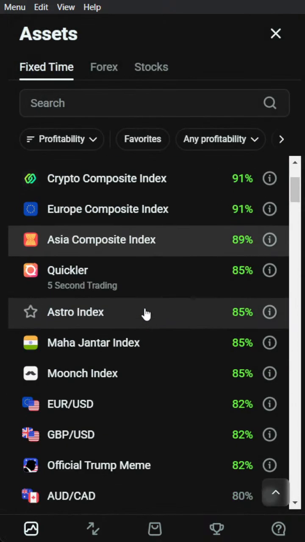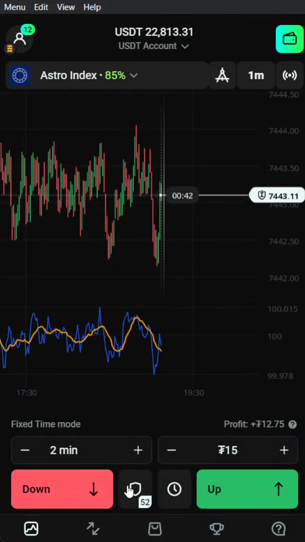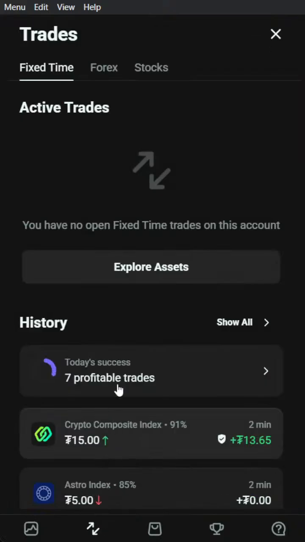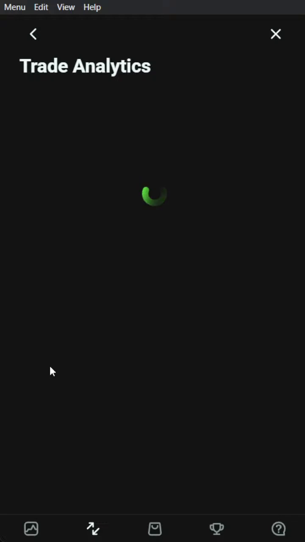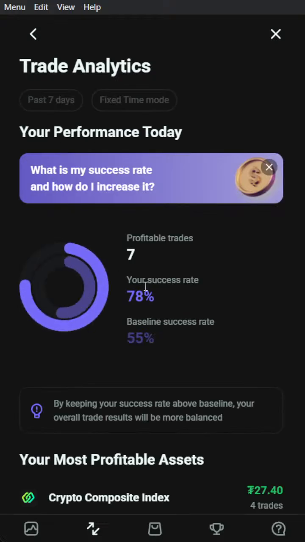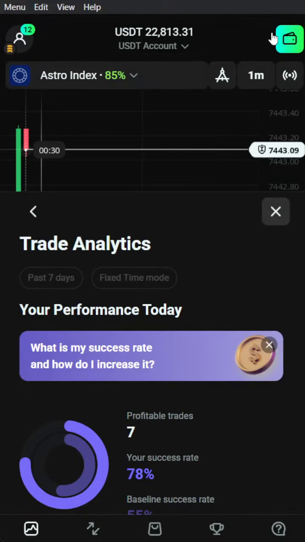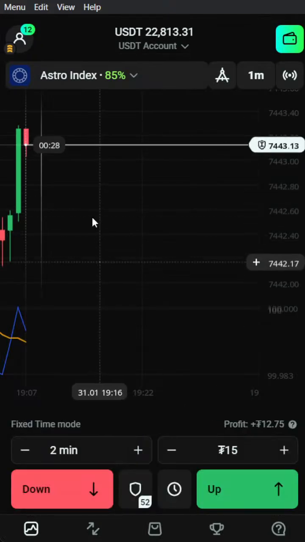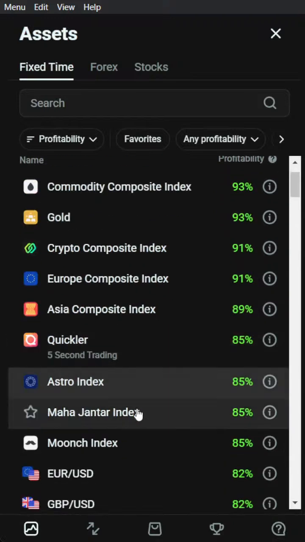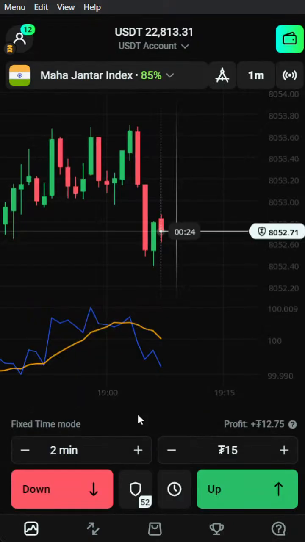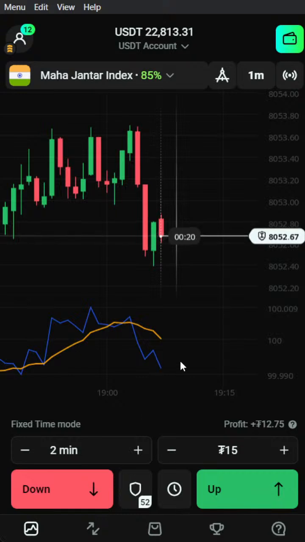So there are many things to discuss, but overall, as of now, if you see the strategy, we made around how many trades? What is the success ratio? So current success rate is 78%. So that means the strategy gives around 78% success, which is a good amount of success, right? Total till now 44 USDT, 44 cryptocurrency.